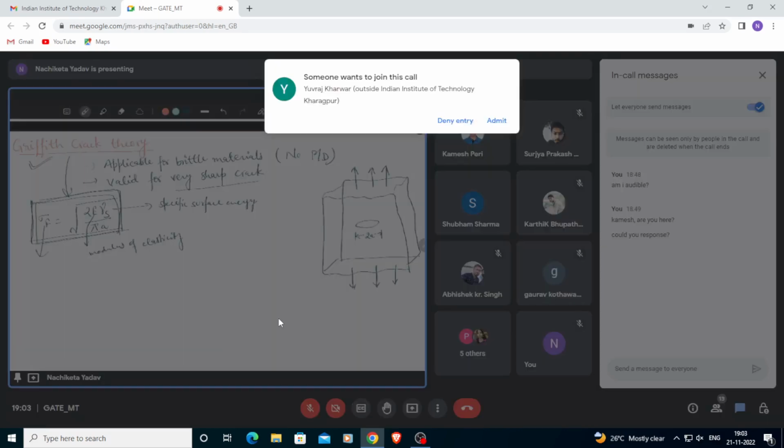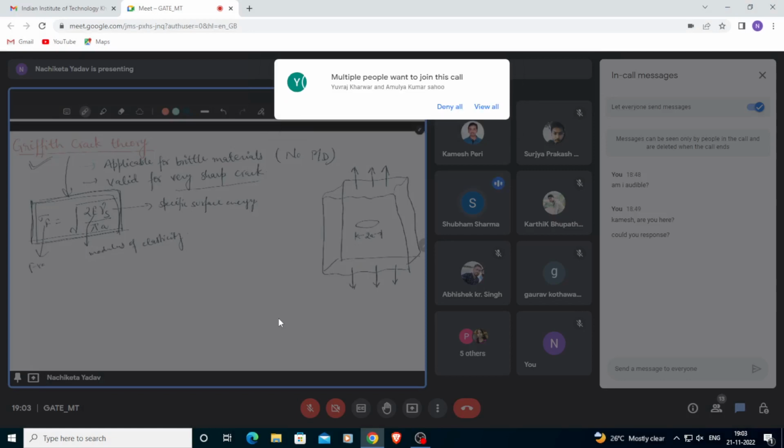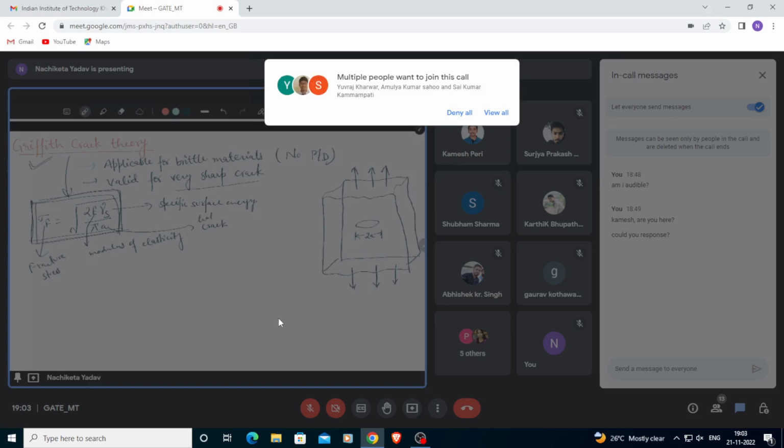And this is the fracture stress. And this is our crack length, half crack length you can say, if the crack is embedded inside the sample.